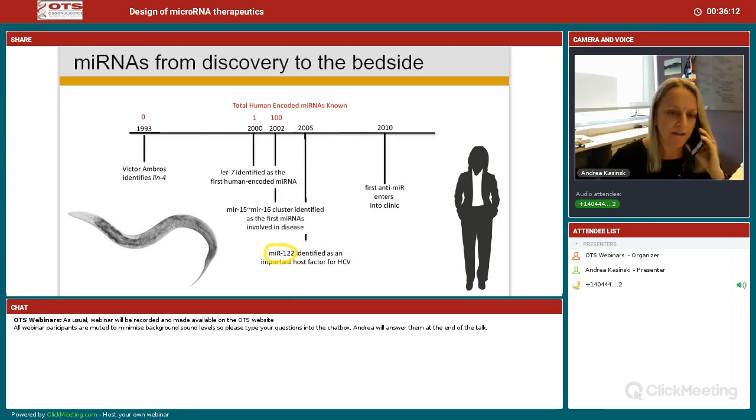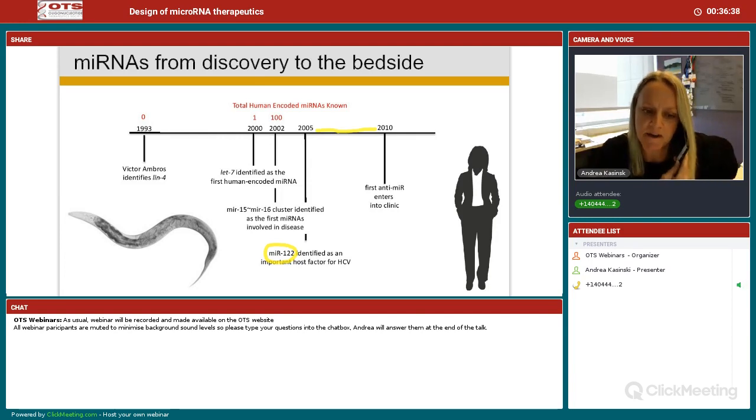That biology was determined in 2005, and in as short as 5 years, an anti-miR, or a small molecule that binds with perfect complementarity across a portion of miR122, was taken into clinical trial for the treatment of HCV. Again, we're going to focus a little more on some aspects of this particular anti-miR as we move through today's talk.